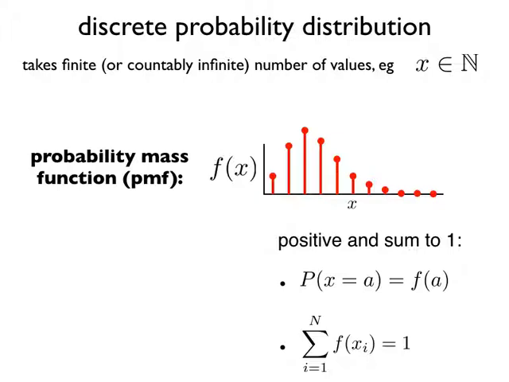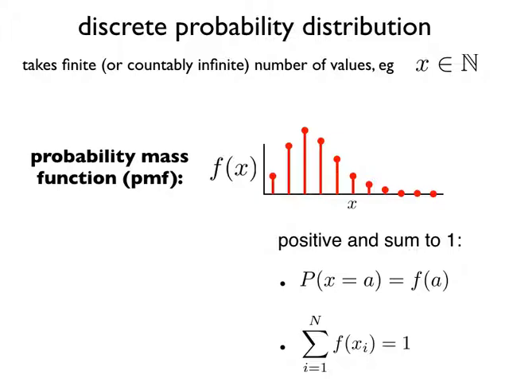A probability distribution is the probability associated with every possible event that can be drawn from a random variable. Using the example of dice, a probability distribution is the probability of all possible events of that dice roll, say 1, 2, 3, 4, 5, 6. For a typical dice, the probability distribution is flat. I have an equal probability of rolling every possible event.